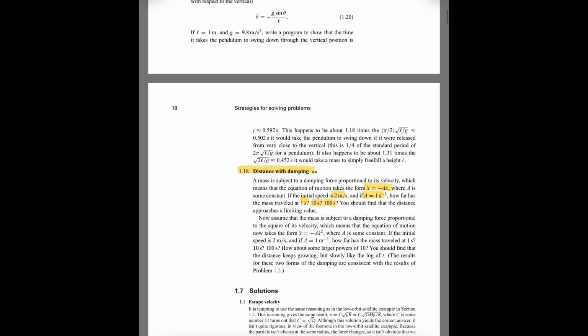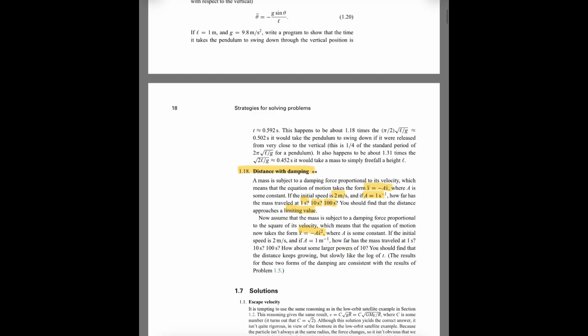You should find that the distance approaches a limiting value. Now assume that the mass is subject to a damping force proportional to the square of its velocity, which means that the equation of motion now takes the form x double prime is equal to negative a x prime squared, where a is some constant.